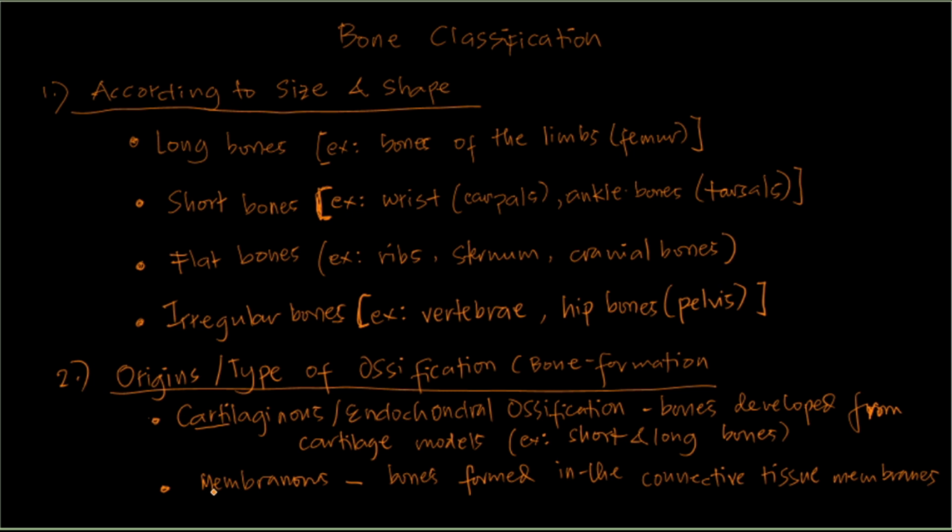Examples of this membranous: what are the bones under this subcategory? We have the frontal and the parietal bones of the skull, and we have also your mandible and your maxilla.